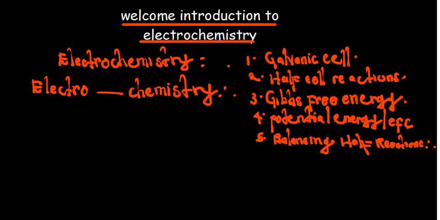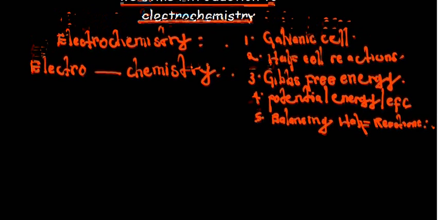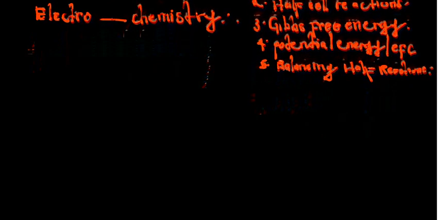Amongst the devices that I use, we have what is called the galvanic cell. I hope we are taking note of whatever is happening here. So this galvanic cell is something like this.